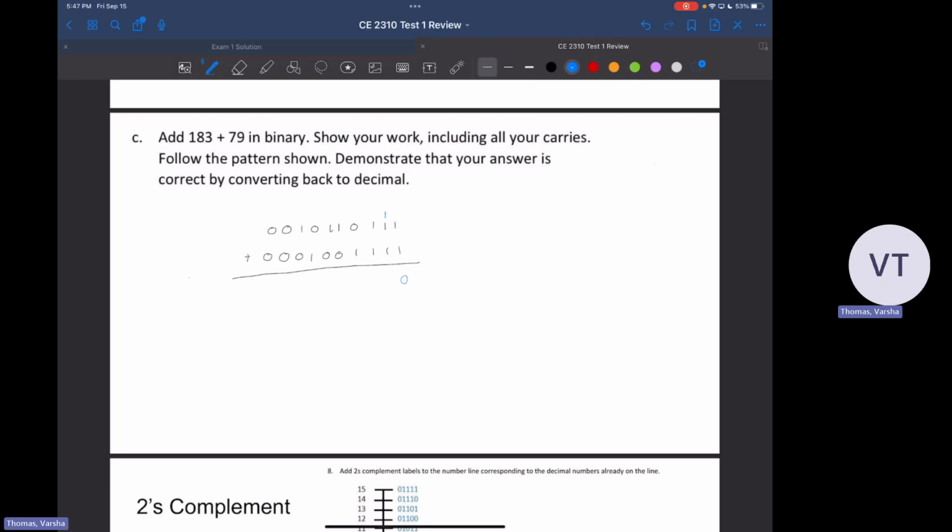Here, like I said, 2 of these will go over to make another carry of 1, and the other one is left to the bottom. Next, we have the same exact thing, a 1 and a carry 1. 1 plus 0 plus 1, the two ones will turn into a carry.